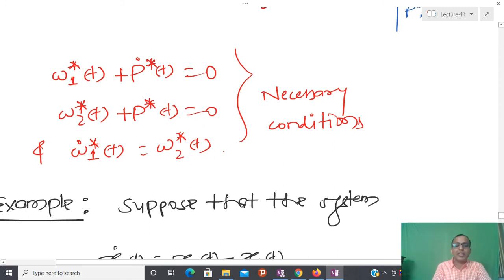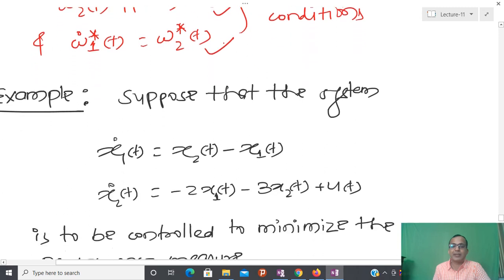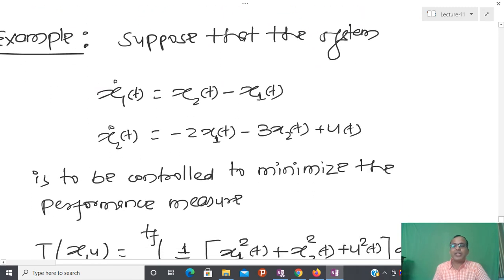So here you can see that this is a differential equation, this particular equation is an algebraic equation, and again this is a differential equation. So this is a differential algebraic equation. Now here you can see that this is an actual control problem. So I have a second order system and I have just one control input.